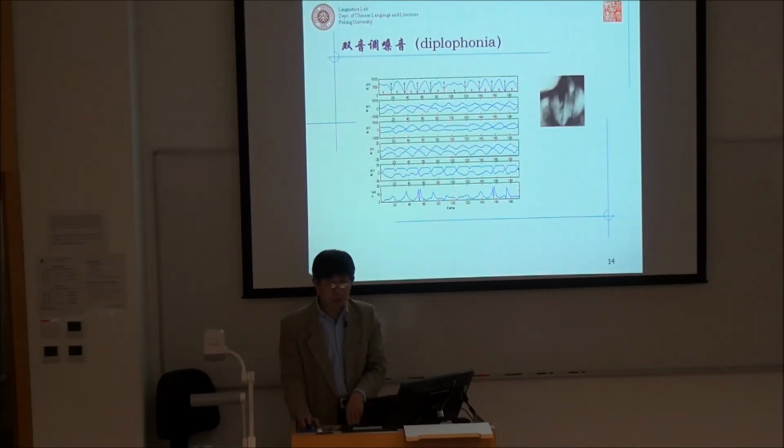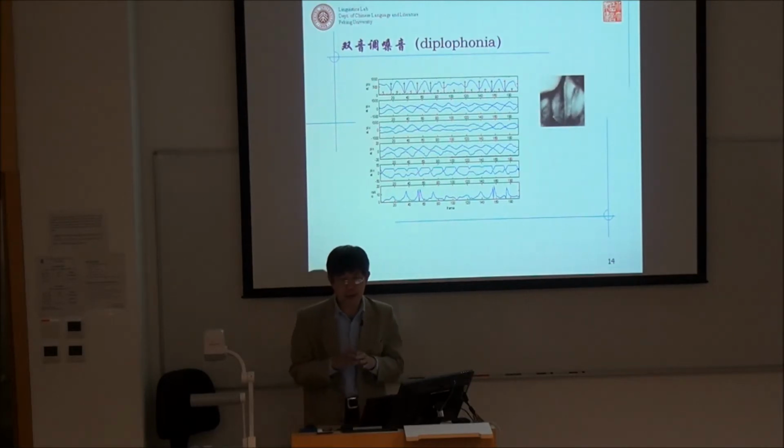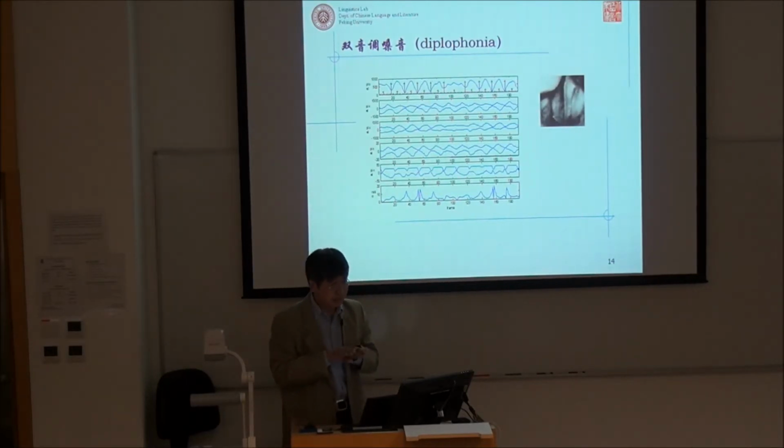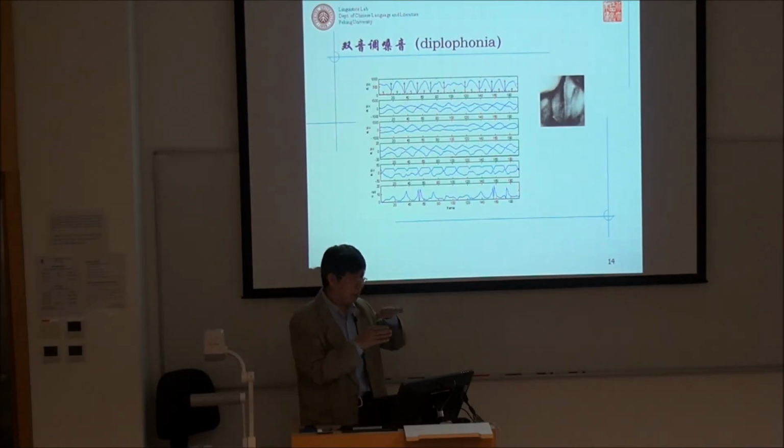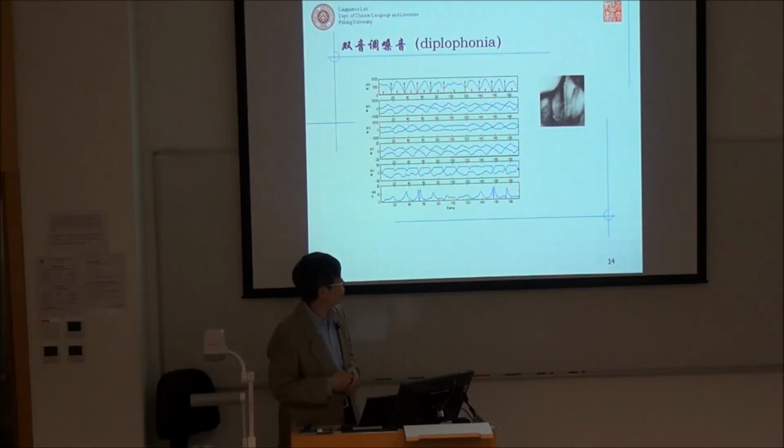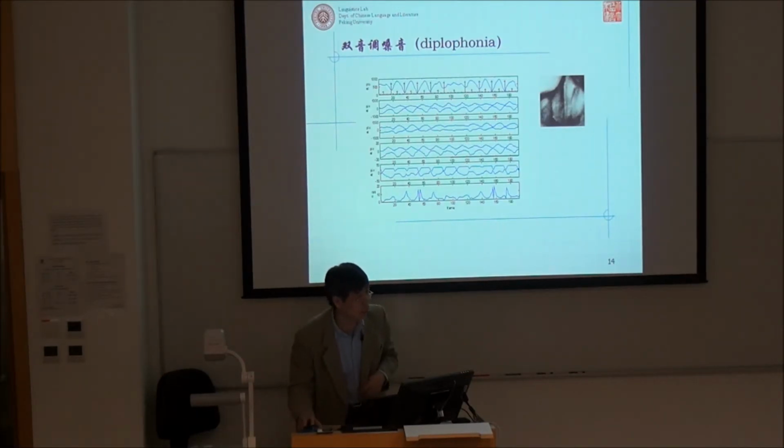That's diplophonia. Diplophonia means one person can control the muscle of the glottis, the muscle around the vocal fold, and one vocal fold vibrates quickly, and another maybe not very quickly. So they can produce the sound of diplophonia.